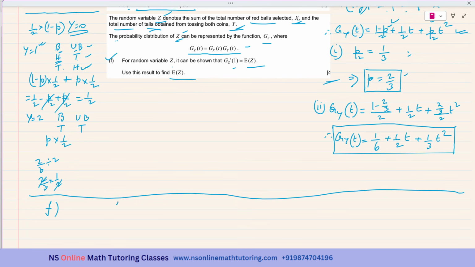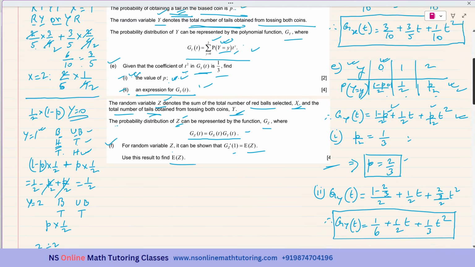So G_Z(t) is equal to G_X(t) times G_Y(t), and therefore G_Z(t) is equal to what was G_X(t).